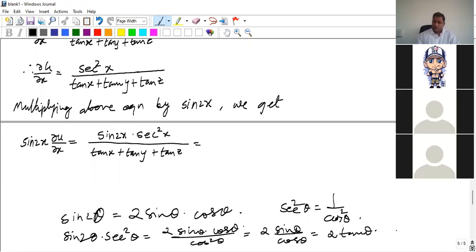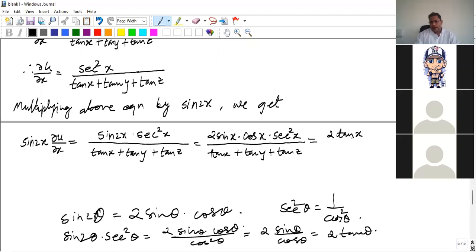Yes. So here this is going to be 2 sine x cos x into sec square x upon tan x plus tan y plus tan z, and this is 2 tan x upon tan x plus tan y plus tan z. Are you getting this?